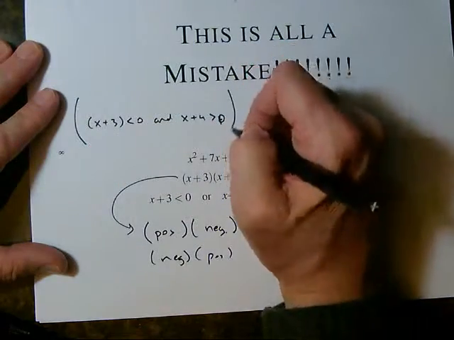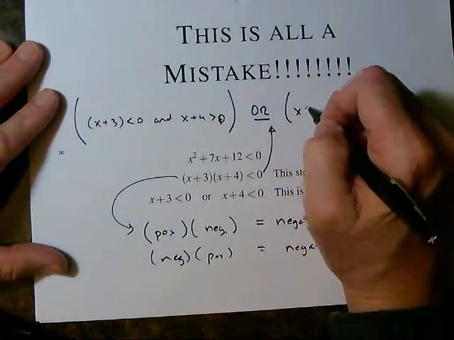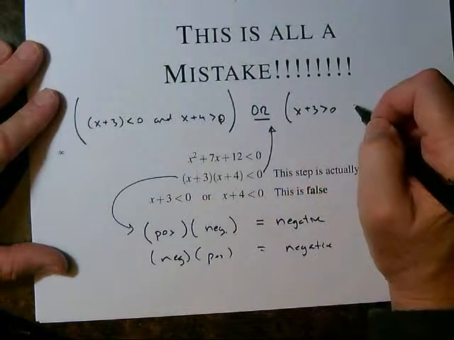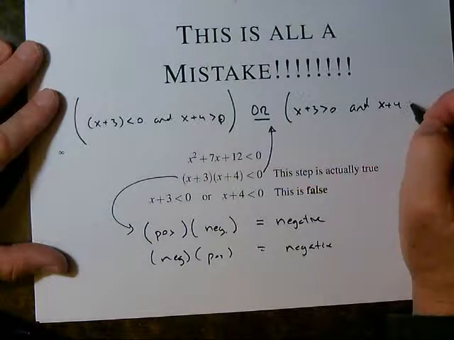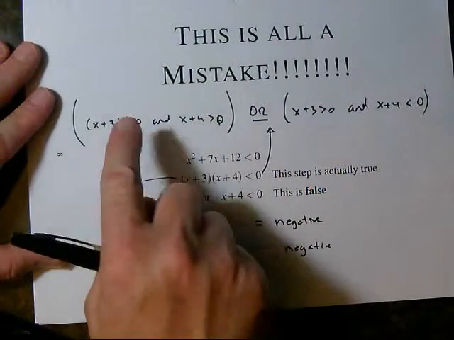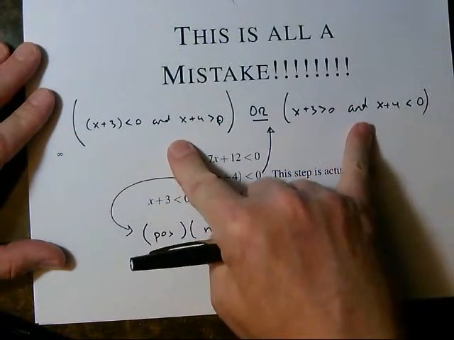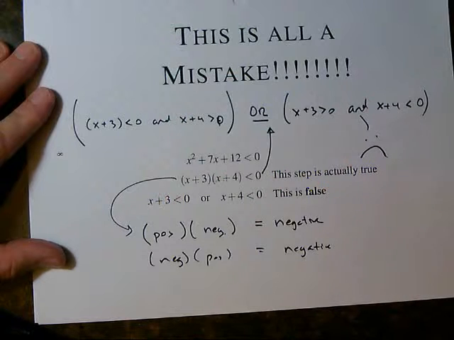So you can say that, or x plus 3 is positive and x plus 4 is negative. So if you want to do this algebraically, you have to solve this doubly compound inequality. I'm not doing it with you. It's just too much work, and it's too fraught with possibilities of error.